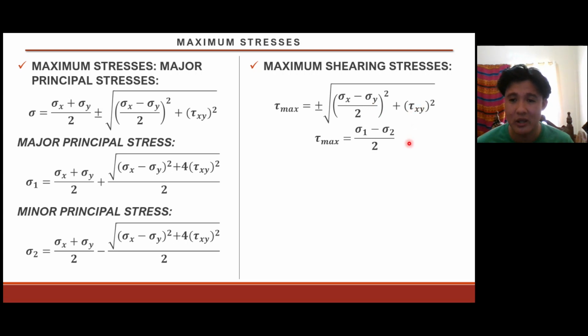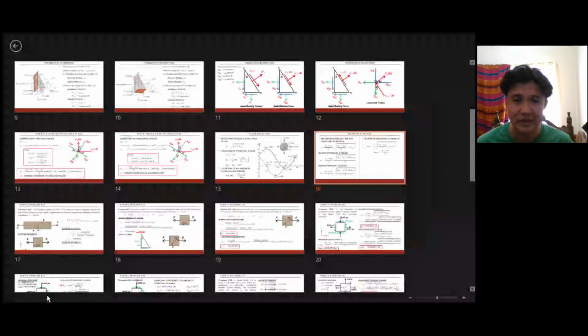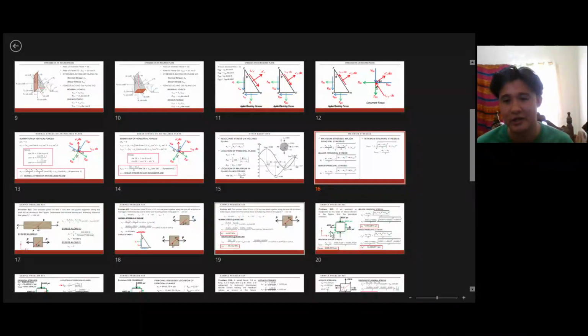Dito naman sa pangalawang equation natin, pag nakuha na natin yung mga principal stresses, stress 1 tsaka stress 2, we can directly solve for the maximum shear. Okay? So, depende na din kung ano yung mga given sa ating problem. You can use one of the two equations. Okay? So, yun lang yung general note regarding that.